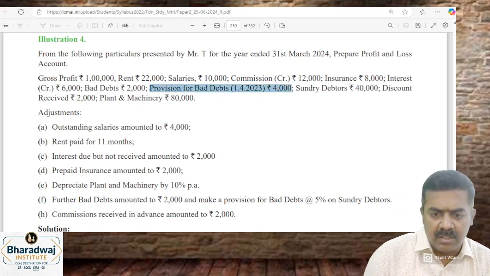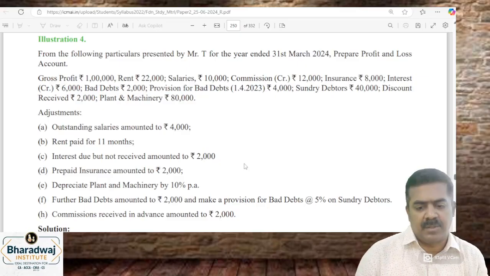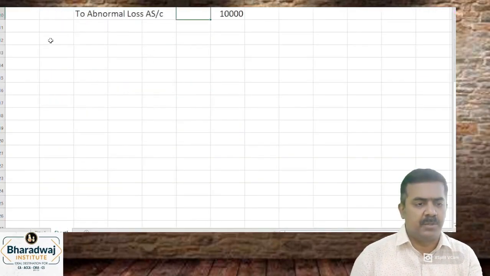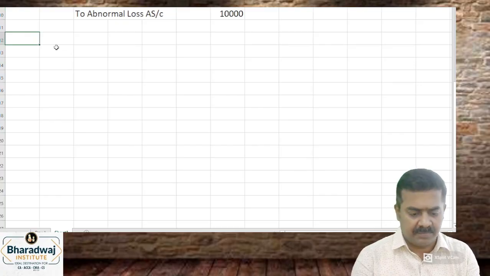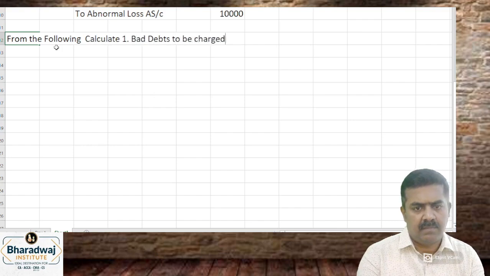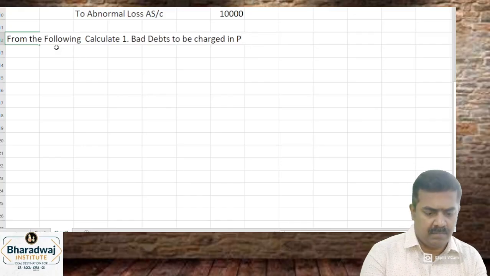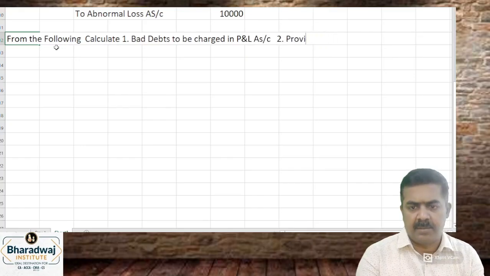Now, we have to learn about this provision for bad debts and bad debts separately before we proceed with the questions. I request you to take it up. This is a new learning for us because surely based on this, they may ask a question. Three questions are possible from this.